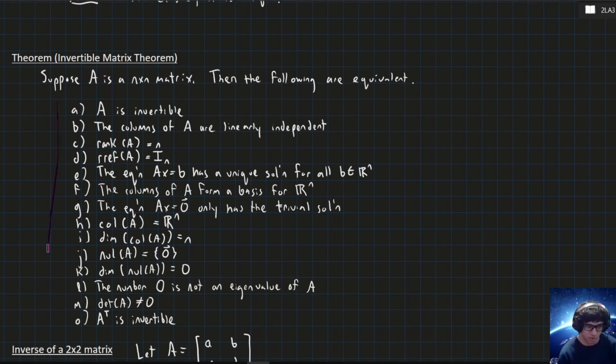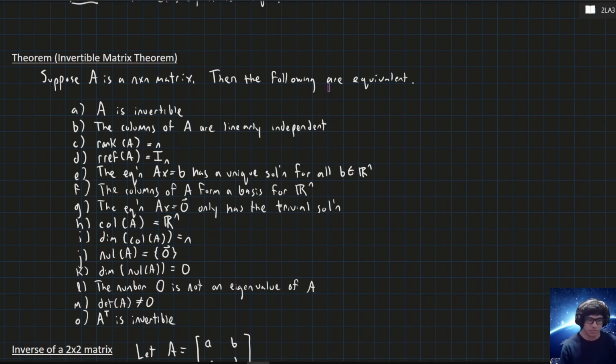Either all these things are true, or none of these things are true. The first of them is that A is invertible. So if you want to show that A is invertible, you can test any one of these things, and if it's true, then A is invertible, and everything else on this list is true. If anything on this list fails, then A is not invertible, and everything else on this list fails.